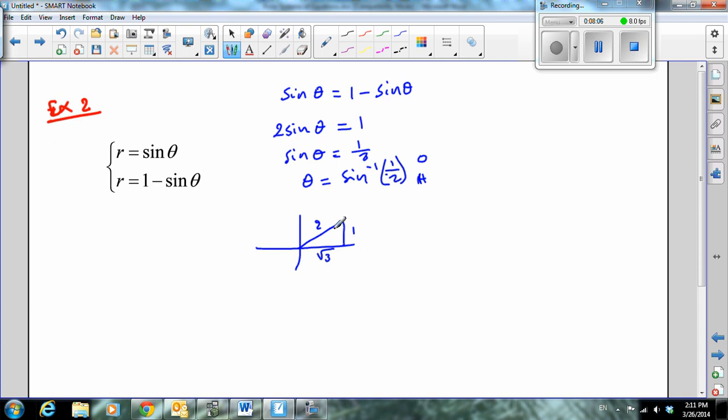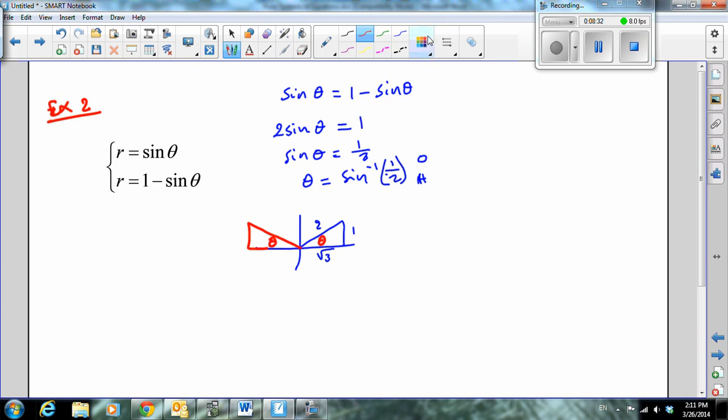Knowing that this is a 30-degree angle, remember sine is positive on this side, and the next one should be somewhere on this side. So I have one angle theta here, and the other one is possibly here.